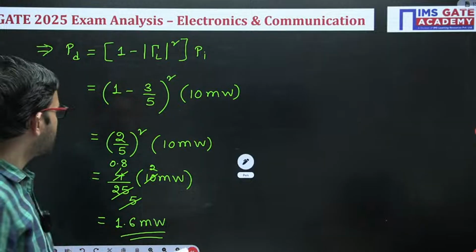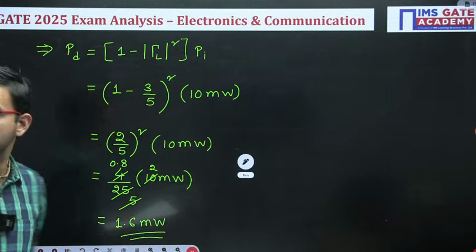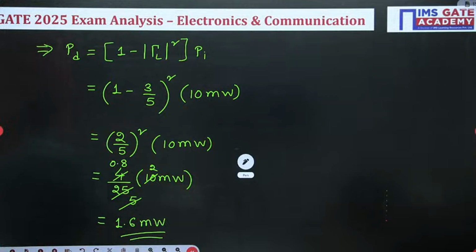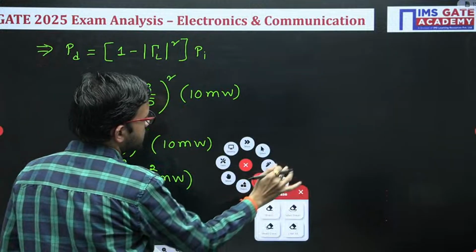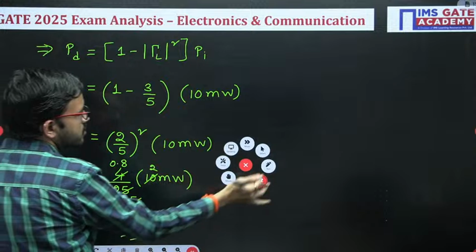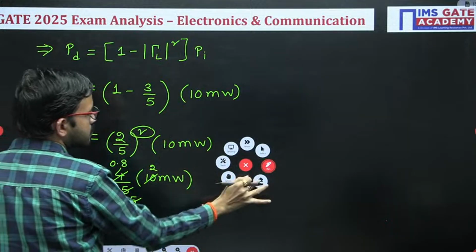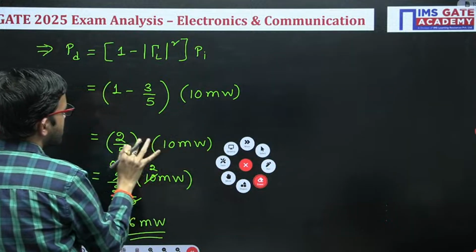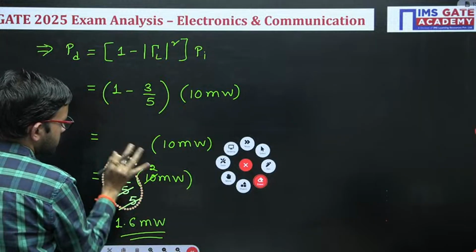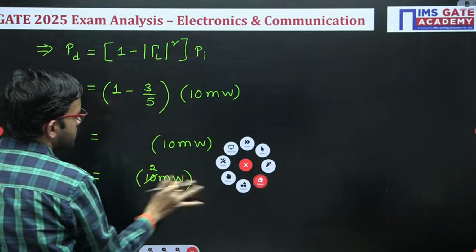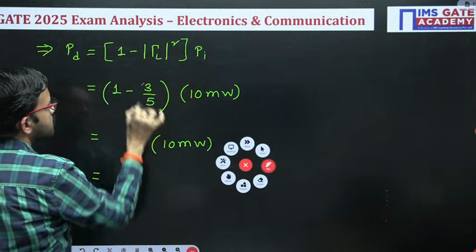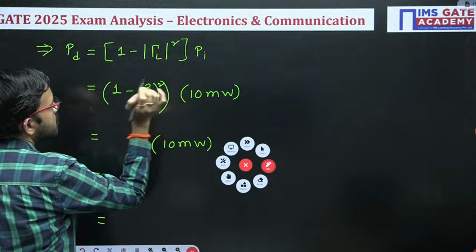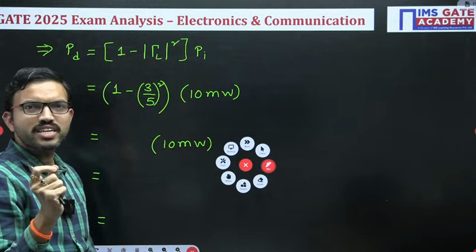Gamma is 0.6, yes, correct. Sorry, here only the square is there for gamma.